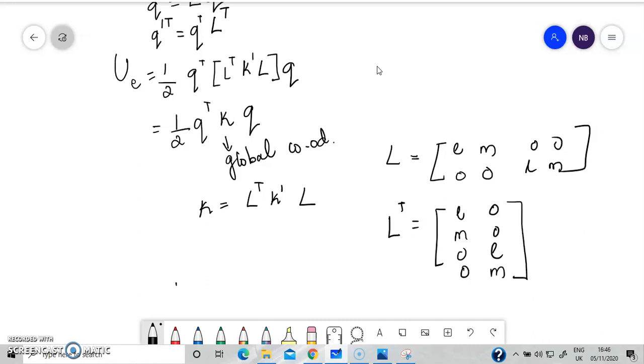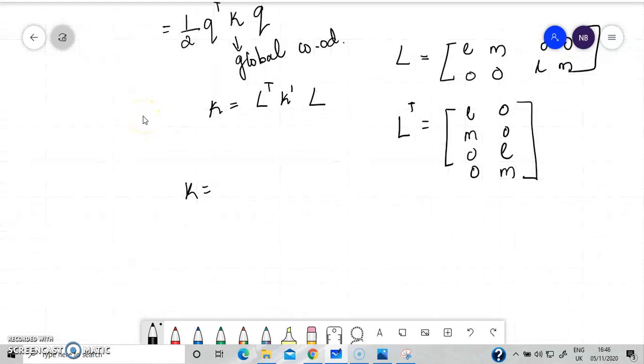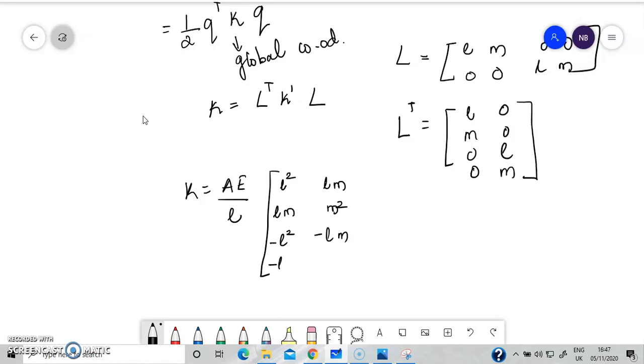Substituting all this, you will get a stiffness matrix in global coordinates for a truss element as follows: AE by L times L square, LM, minus L square, minus LM; LM, M square, minus LM, minus M square.